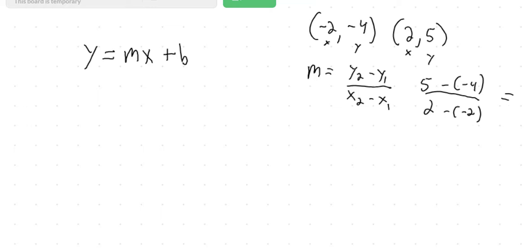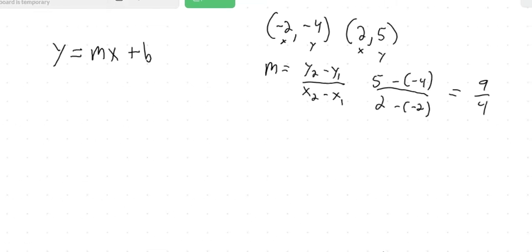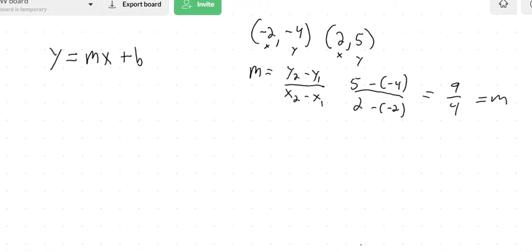So this becomes 9 over 4, right? So my slope, or the m, is 9 over 4. So I can now write y equals 9 over 4 x plus b. Now look, we have an x and a y, and we have another set of x and y's. So I'll use the ones that are positive, but you could use either this pair or this pair.